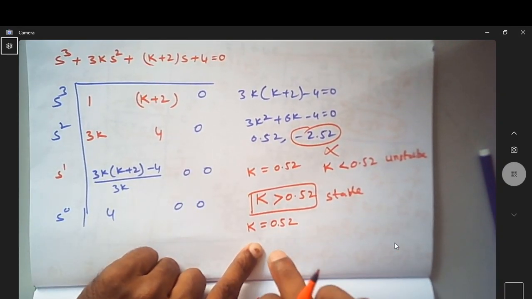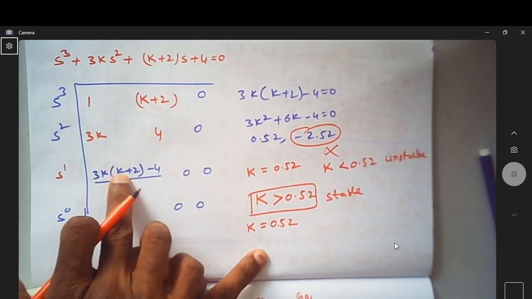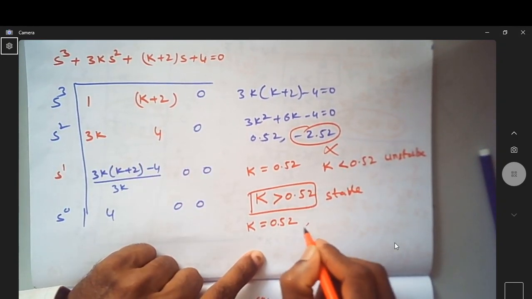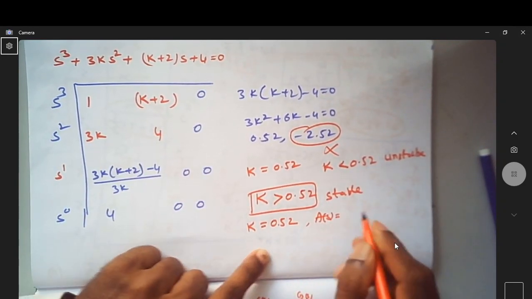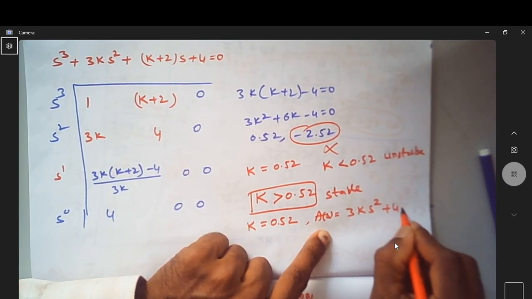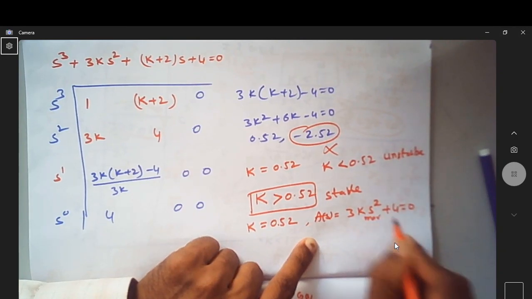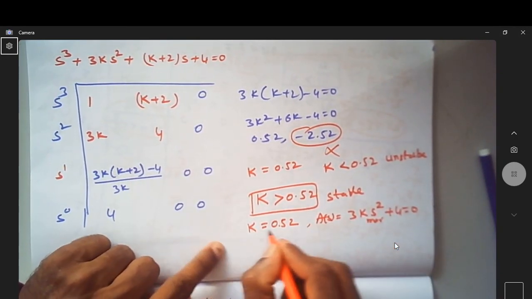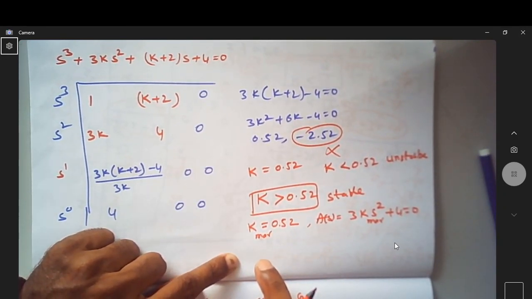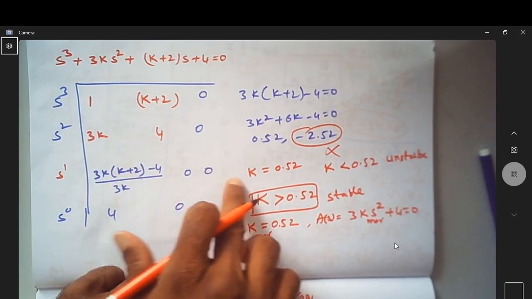If k is equal to 0.52, let us see what happens. So this becomes 0, 0, 0. Then you have the auxiliary equation. What is A of s? A of s is equal to 3k s square plus 4 equal to 0. This k, I will call it k margin. k margin is the value of k responsible for making the entire row 0, 0, 0.